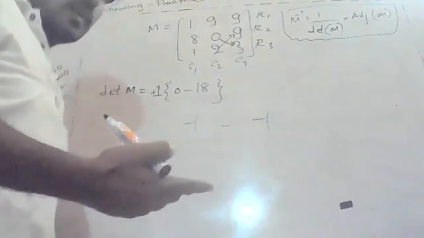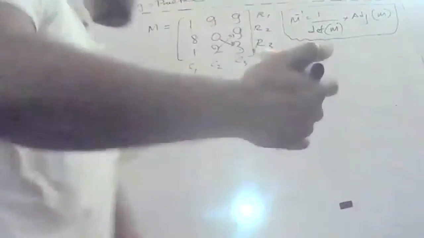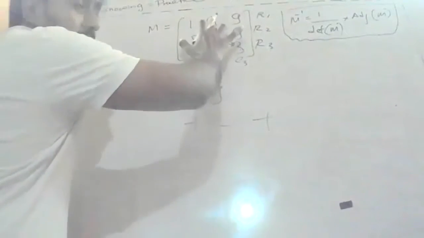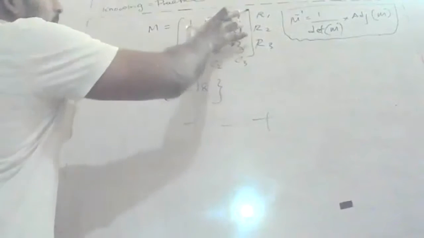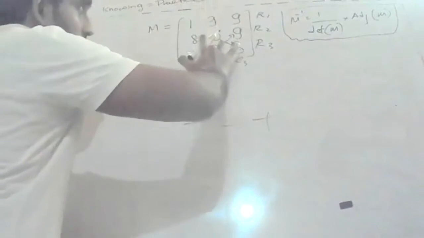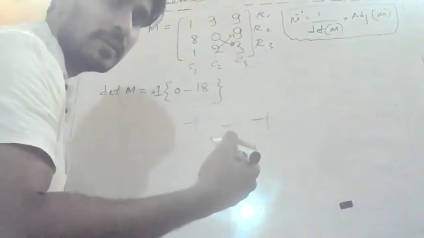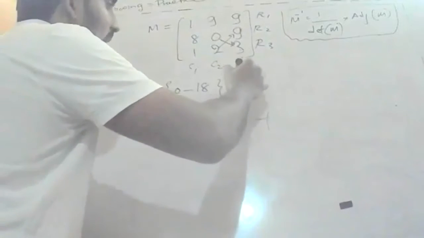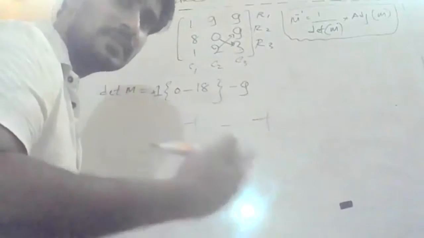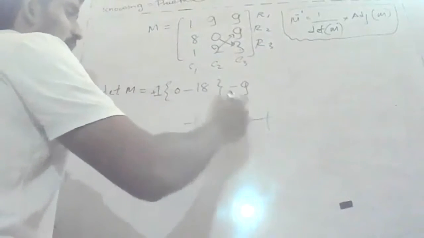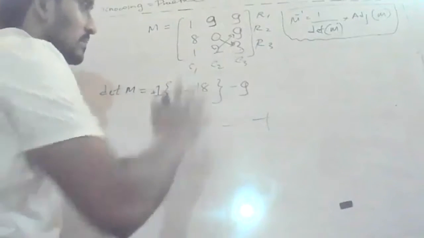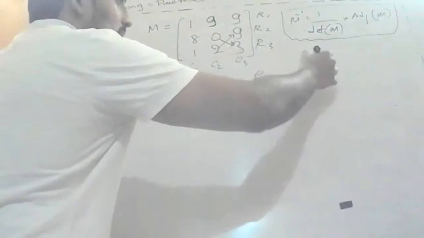Then I told you about the coefficient rule. When you move to the second guy, what is the second guy? First row, second column is 9. What 9? Negative 9, because I told you there is a coefficient rule: positive, negative, and positive. So you are going to consider negative 9. Negative 9 times.